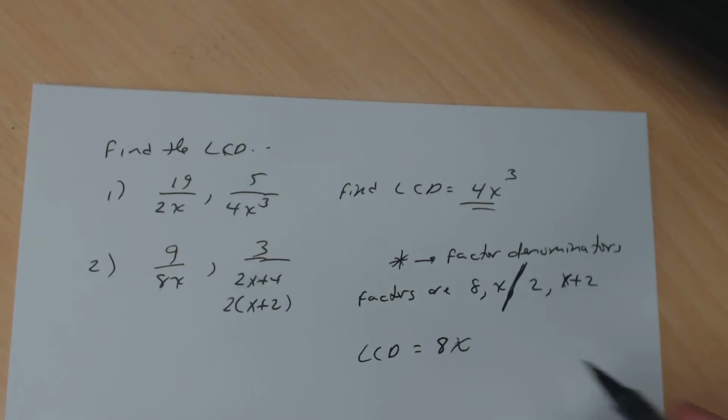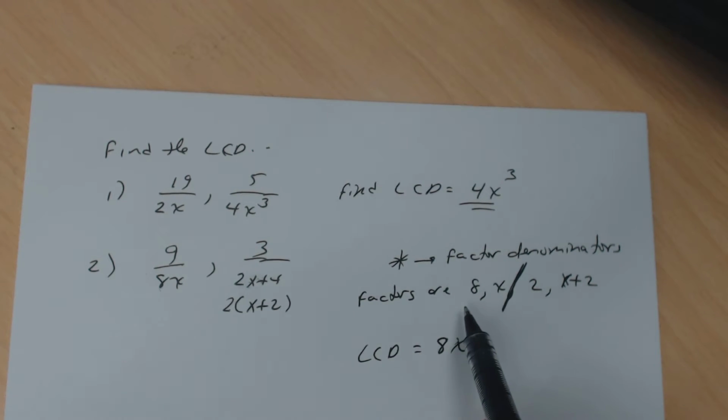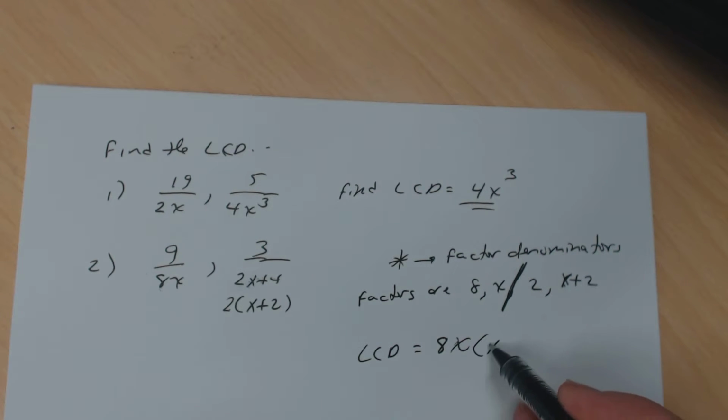Then we already took care of the 2. That was part of this 8 right here. Now your next factor is x plus 2. I don't see any occurring here. There's only one occurring here, so I need one of them. So my LCD is 8x times x plus 2.